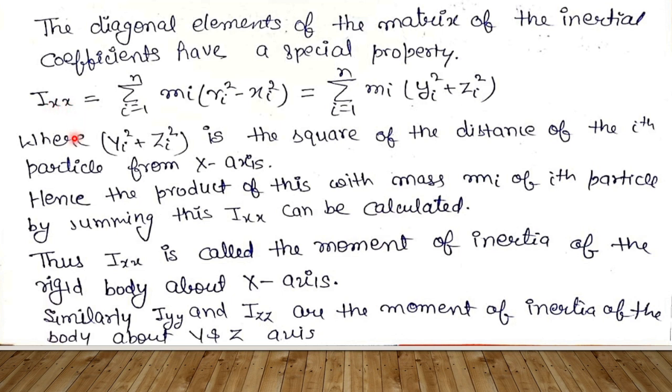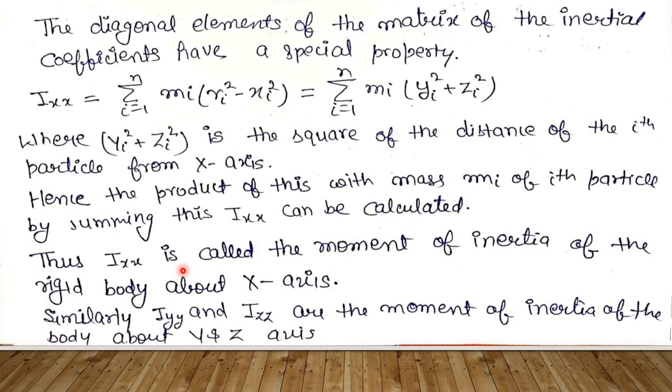Here this term yi square plus zi square is the square of the distance of the ith particle from the x-axis. Hence, the product of this with the mass mi of the ith particle, by summing this, Ixx can be calculated.